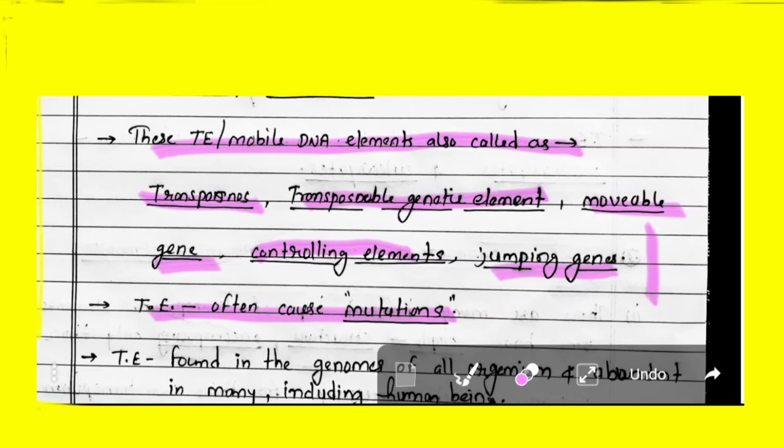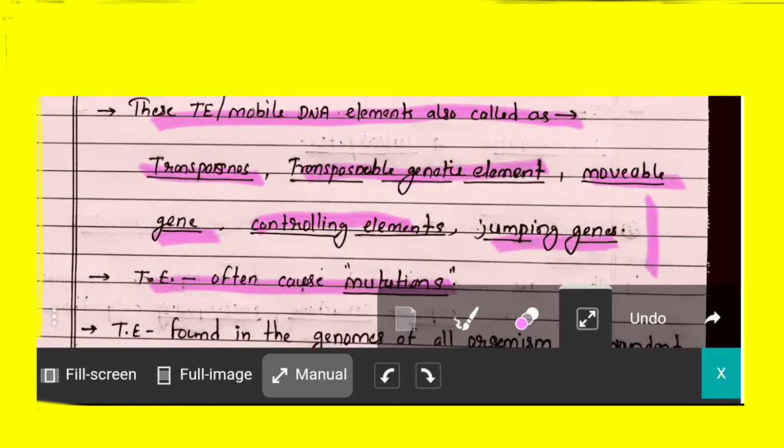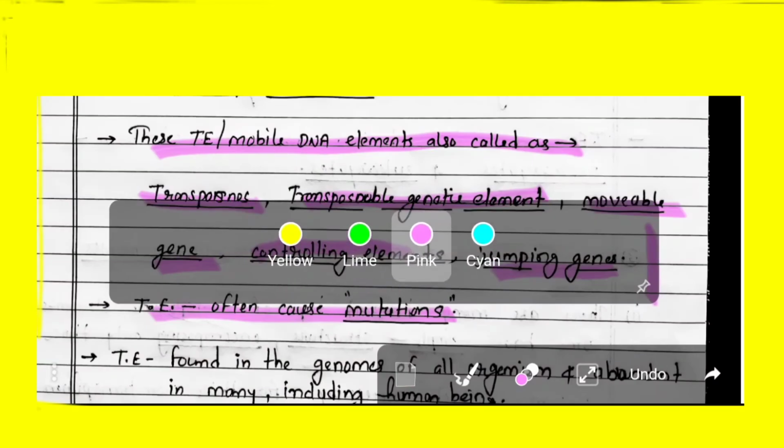So this is a function of transposable element.